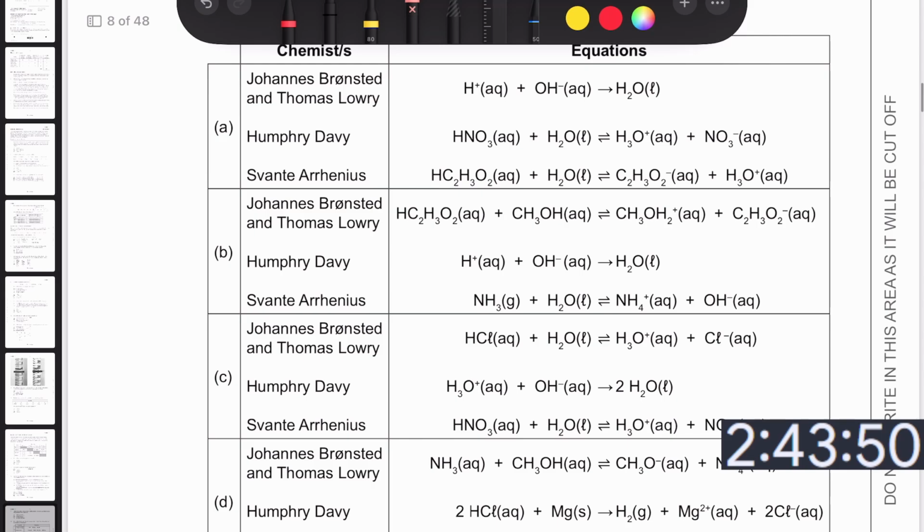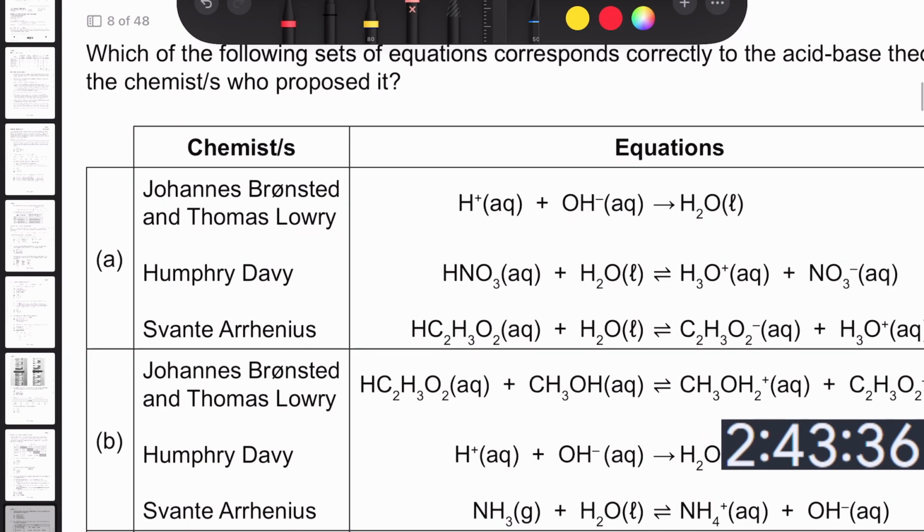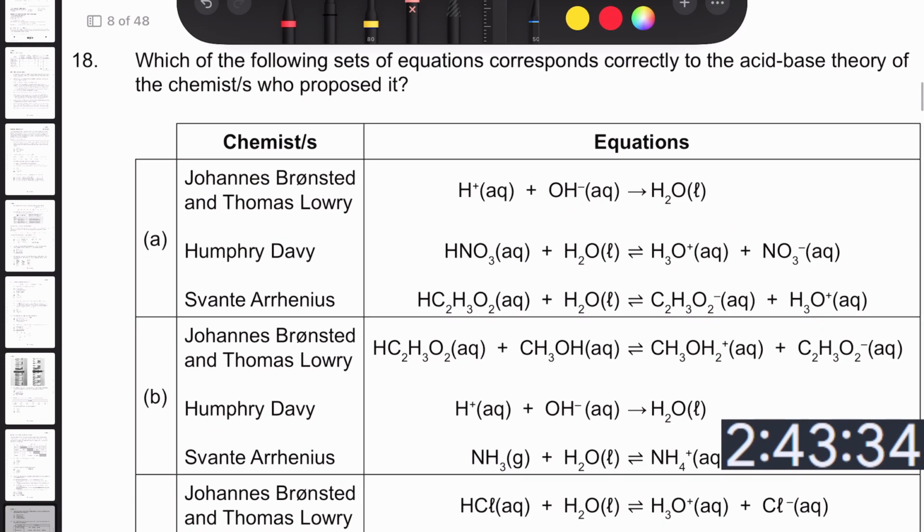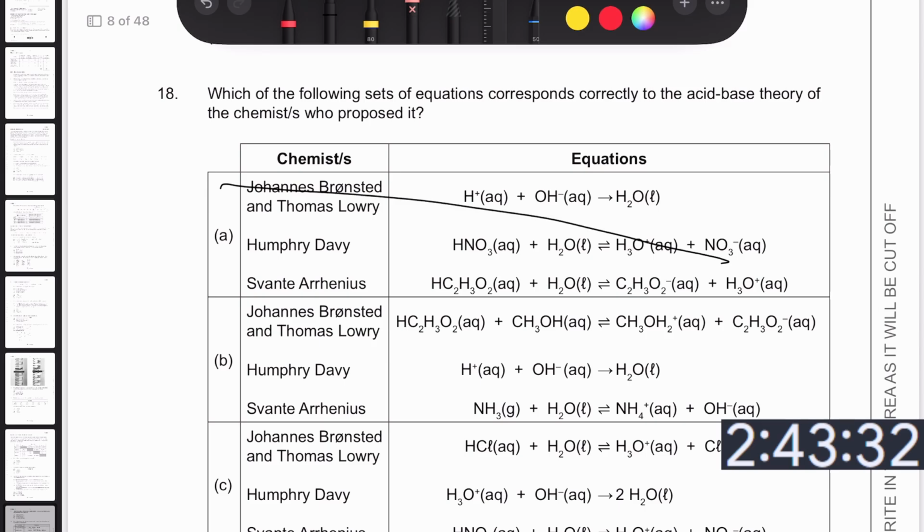Dissociate. And then Bronsted and Lowry predicted. I have no idea who Davy is, I'm gonna be honest. That one will donate and one will accept, so it's not A, because that is not Bronsted and Lowry.